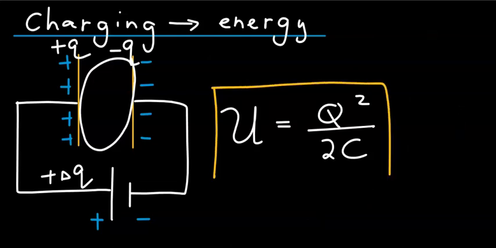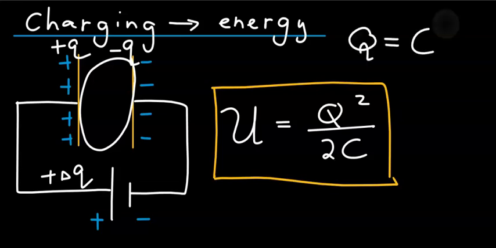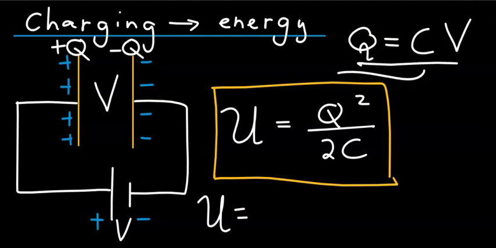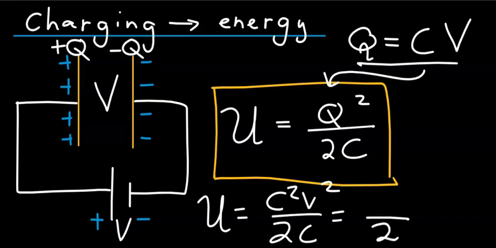Note, we can write this expression in two other different ways, using the fact that capital Q equals capacitance times the total potential difference across the fully charged capacitor, which in this case is the same as the voltage provided by the battery. We can also write the potential energy in terms of C and V instead of capital Q and C. So substituting Q equals CV in here, we get C squared V squared over 2C, and that's going to give you half CV squared.